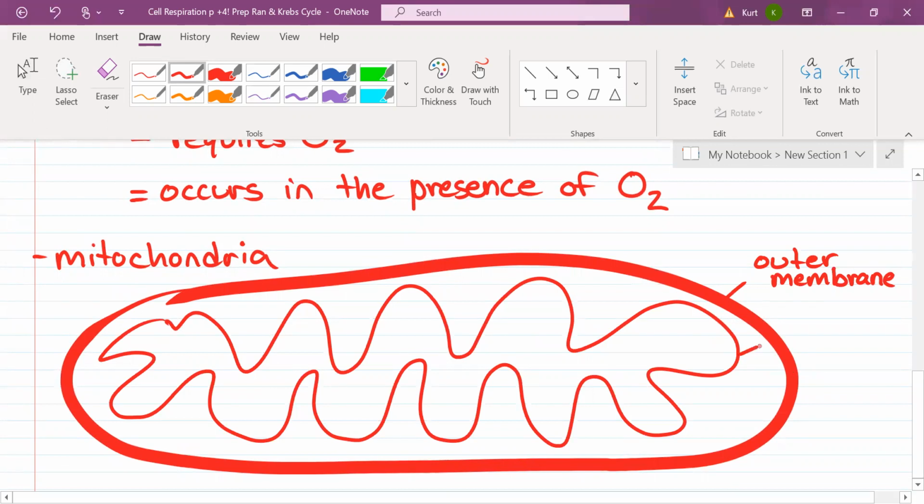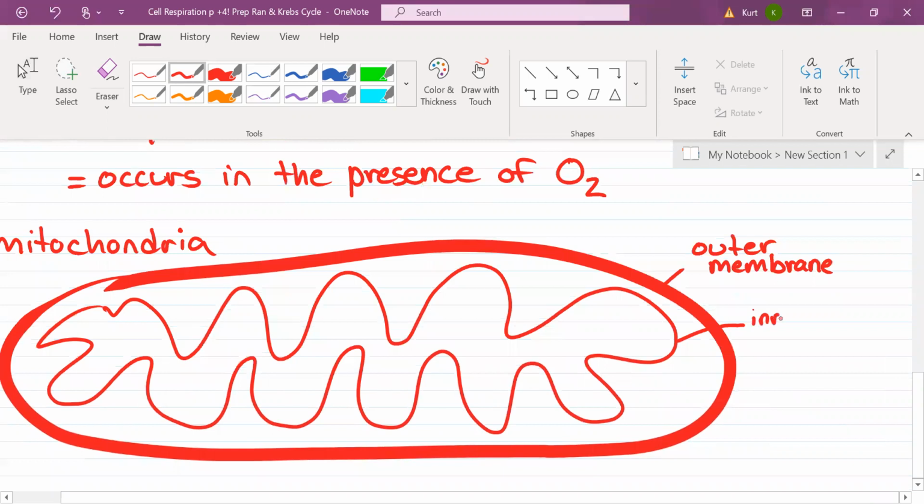Here you've got the inner membrane, but it actually goes by another name. But we are going to call it the inner membrane. We're also going to call it the cristae.